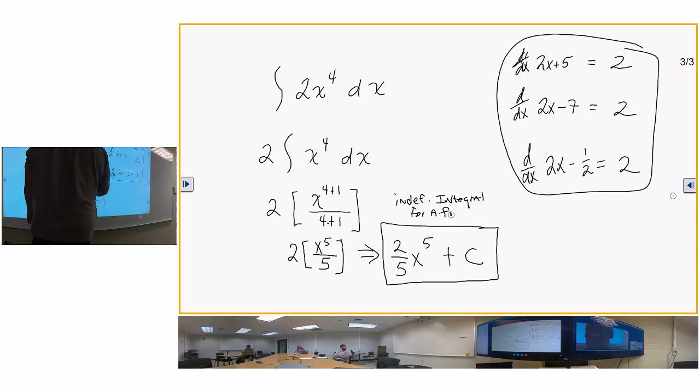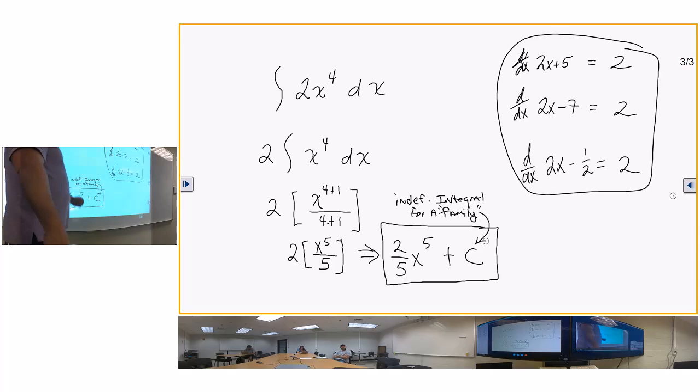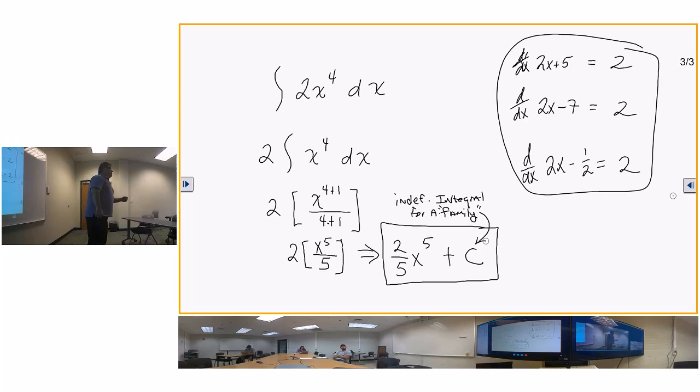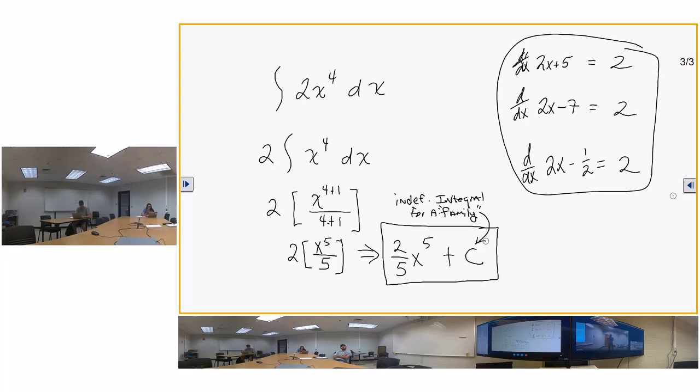I'm just going to put a family, in quotation marks, and that's why you have to put the c. C's are only for indefinite integrals. Question, gripe, complaint.